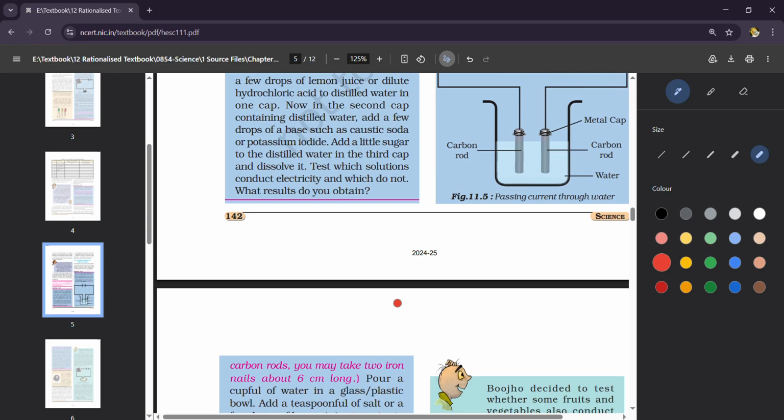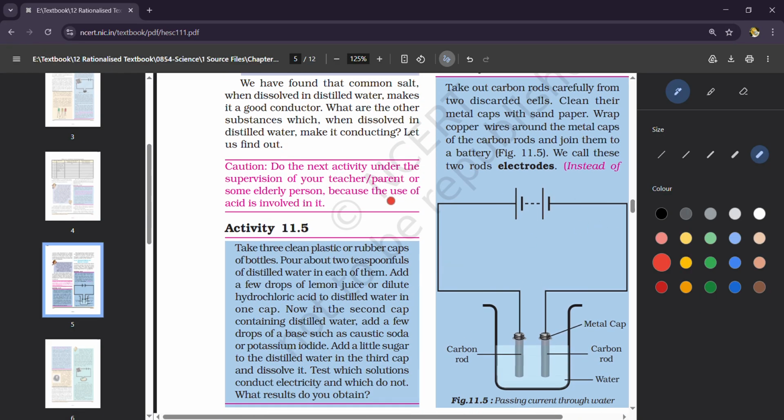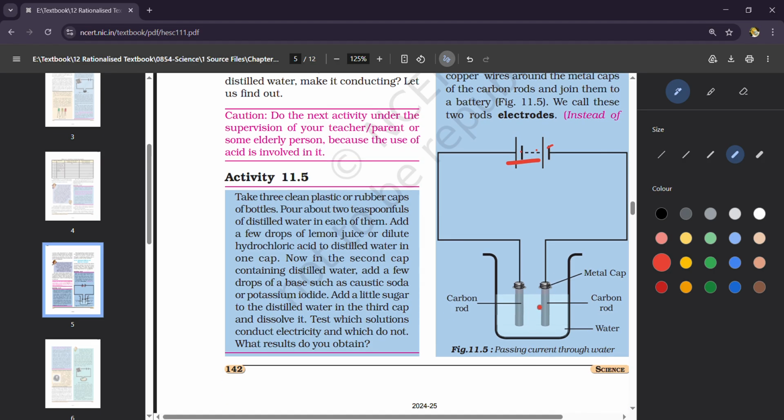And here, let's start. Here the current is passed through this source. This is our source. Now current is passed through it. Now this one is called the cathode, because it is connected to the negative terminal, and this is called the anode as it is connected to the positive terminal.